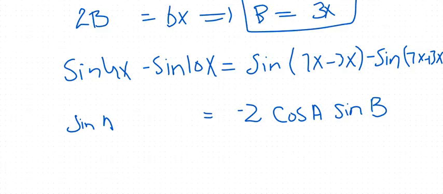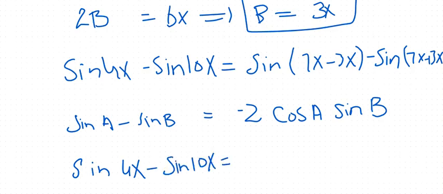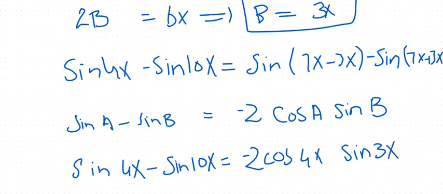We have sine 4x minus sine 10x, which equals minus 2 cos 7x sine 3x. All right, perfect. By the identity of A and B, we immediately simplify the expression to a single term. This is the required answer for this question. Now move to the next question.